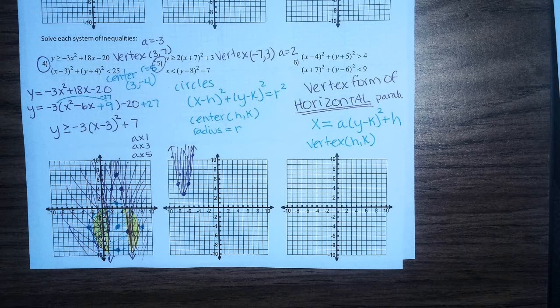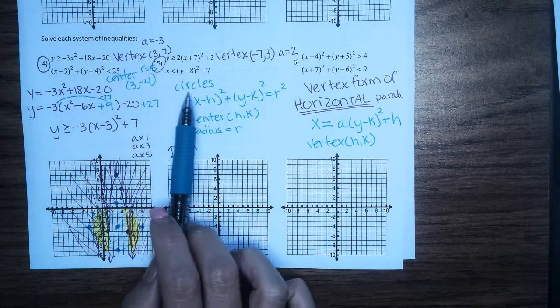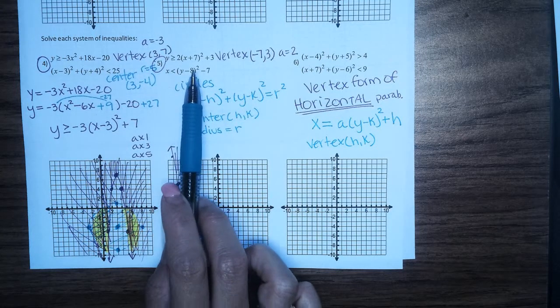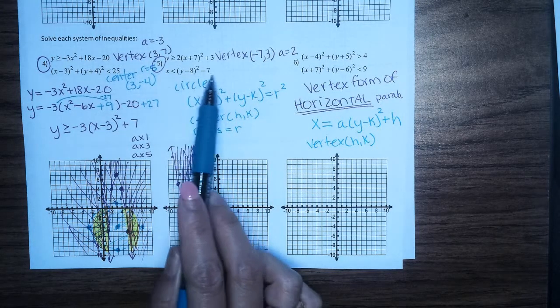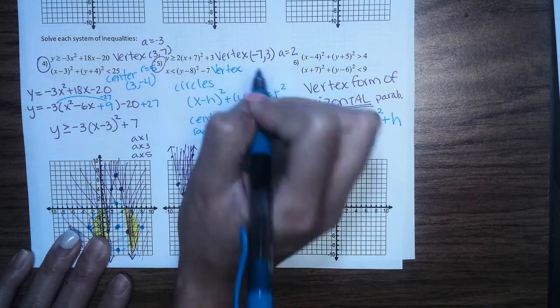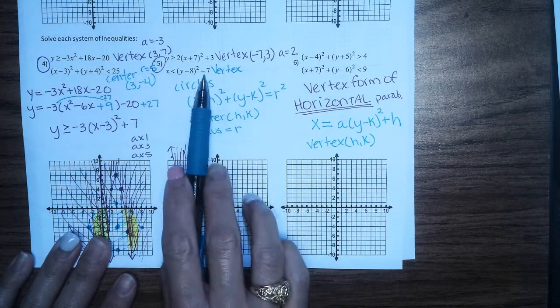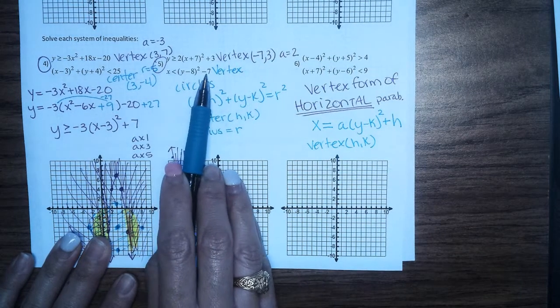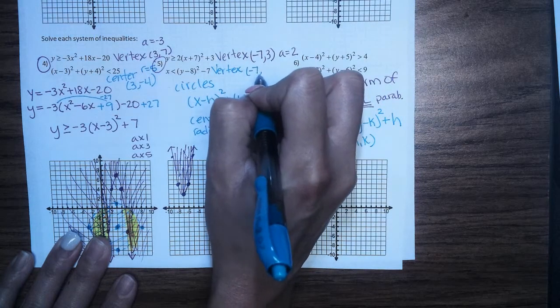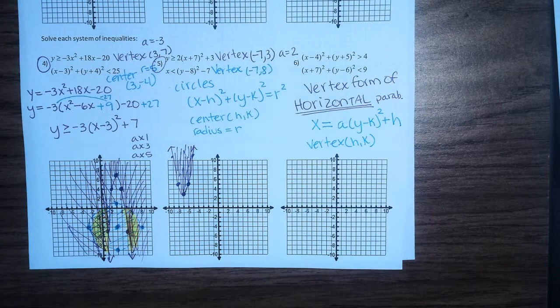So let's try doing that on number 5. Number 5. Graph the parabola, let's just pretend x equals (y minus 8) squared minus 7. So the vertex, h comma k, is going to be negative 7 comma 8.